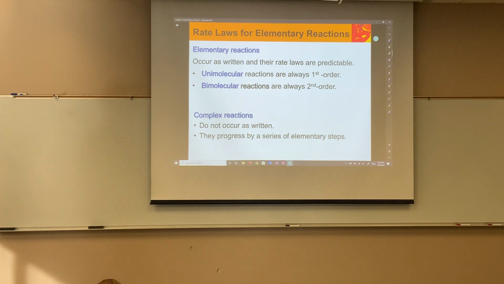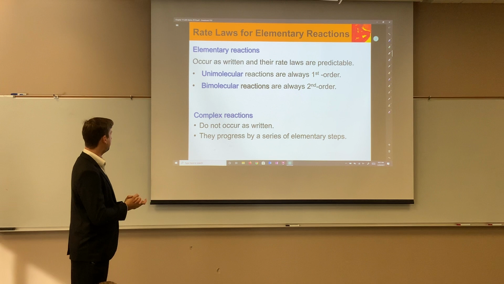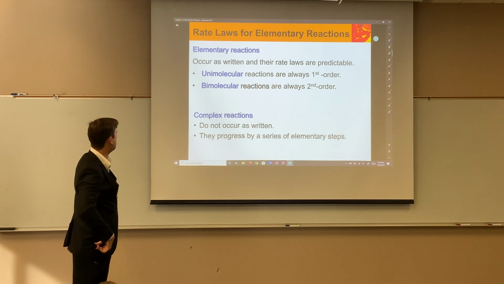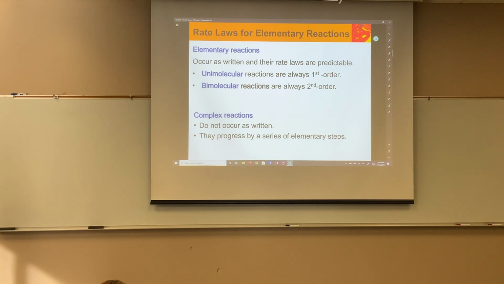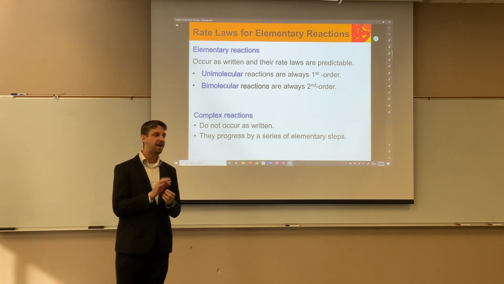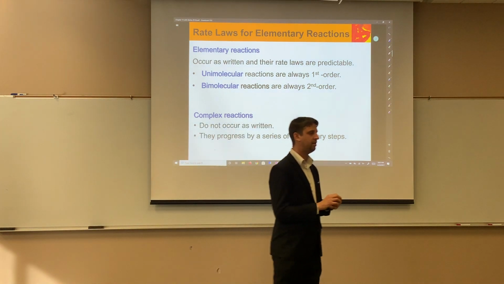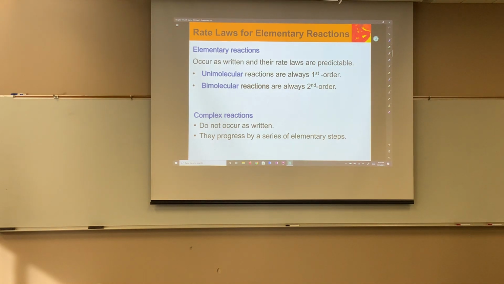All right, let's finish up here then. I think this is just, did I repeat this stuff? Oh, no, I'm sorry, this is the last important part before we get into the last bit here. For an elementary reaction, the rate laws are predictable. That's the important part. We're gonna see why when we come back on Monday, but for an elementary reaction, the rate laws are going to be predictable.